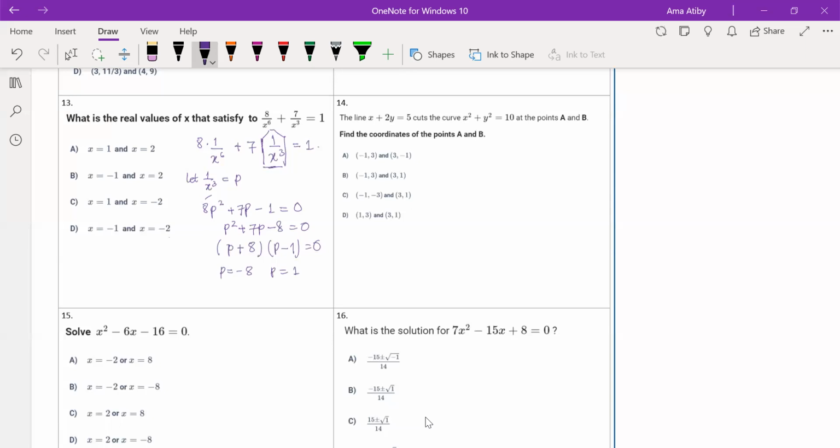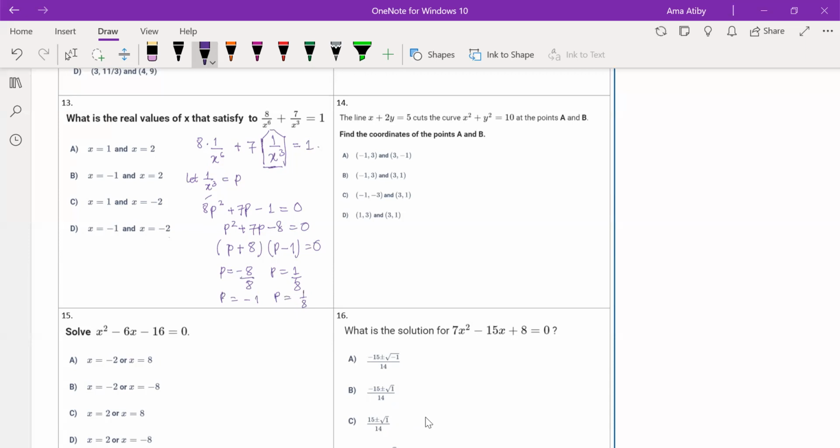Don't forget, this is very important when you are applying the trick here for factoring quadratics: you need to divide this by 8, the leading coefficient. Therefore here you will get p equals negative 1 and p equals 1 over 8.